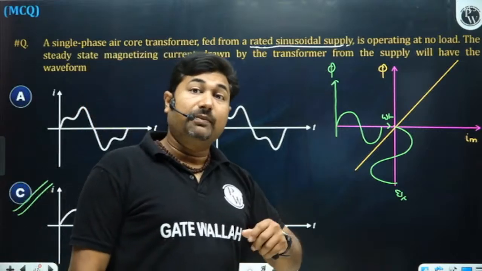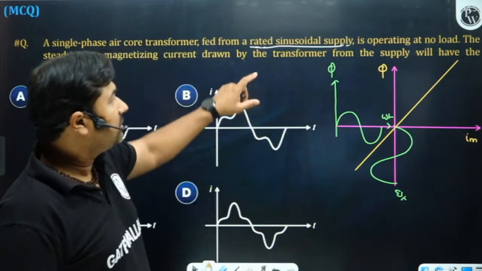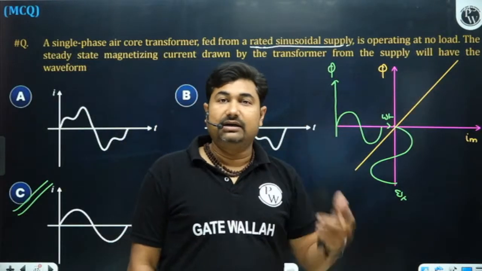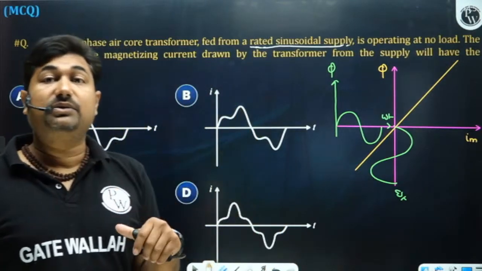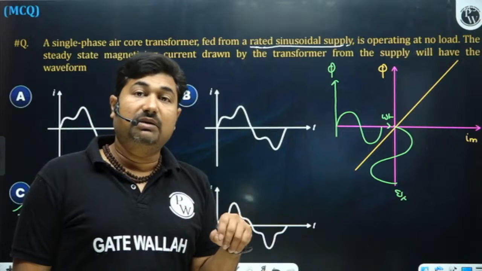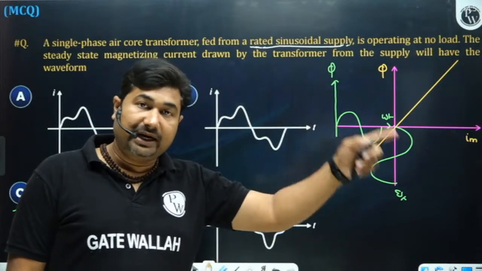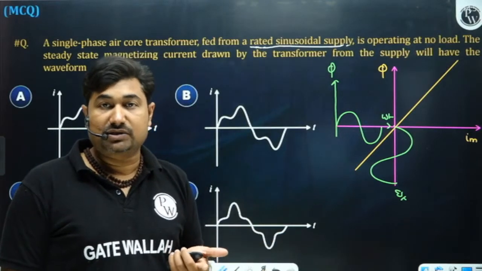And if we talk about the secondary side, here it is on no load, so there is no secondary side current. But in case the secondary side current is present, then peaky induced EMF causes third harmonic current, and that will get a path through the load in case of a single phase transformer.